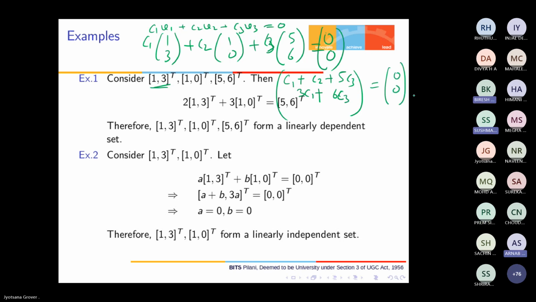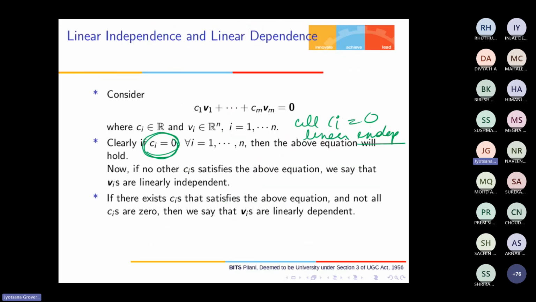Ma'am, how are we considering (1, 3) as C1 V1 and (1, 0) as C2 V2? It can be anything, right? This is vector V1, this is V2, this is V3. If you want to check whether the vectors are linearly independent or not, you start with this, where the Ci are scalars belonging to real numbers.